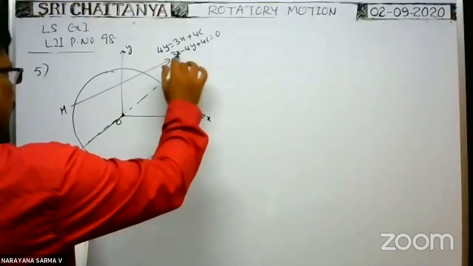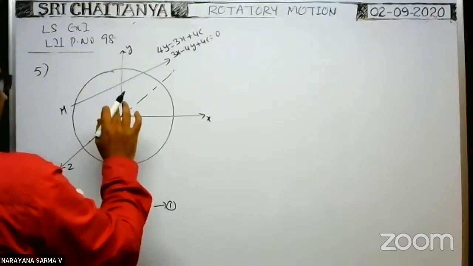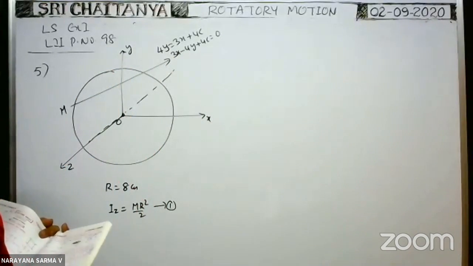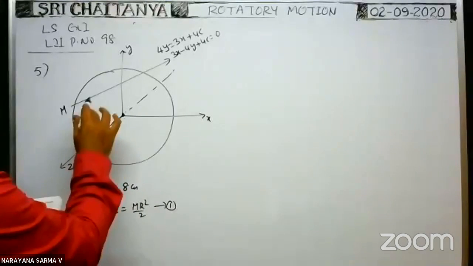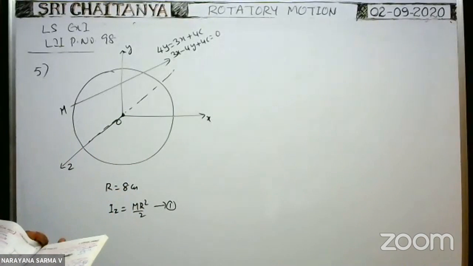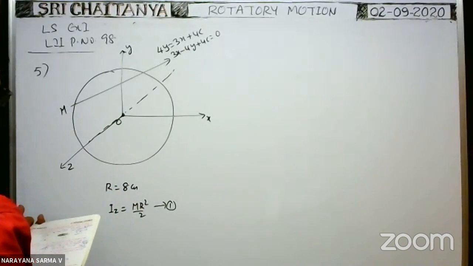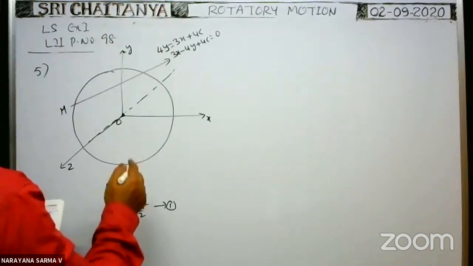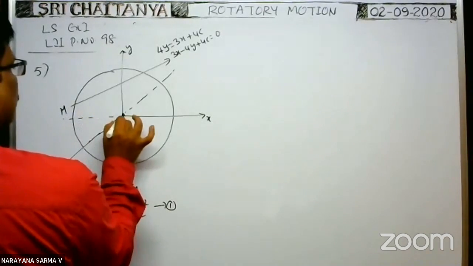About this straight line, the moment of inertia of the disk is the same as the moment of inertia of the disk about the z-axis. That is the question. Here, what is the slope of the straight line?